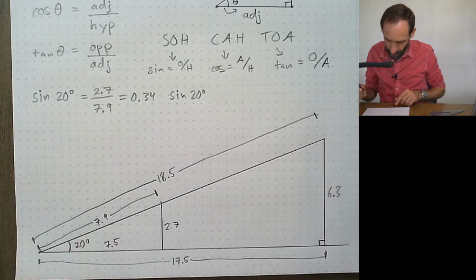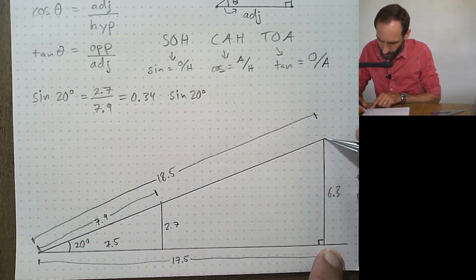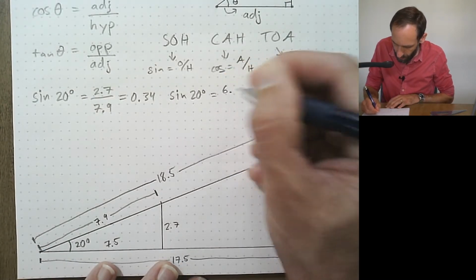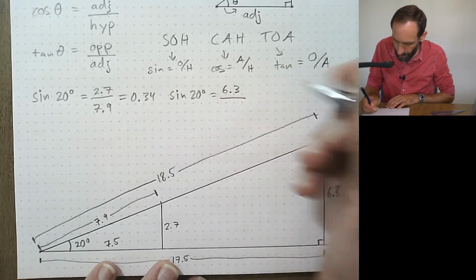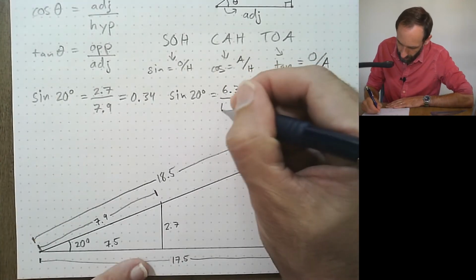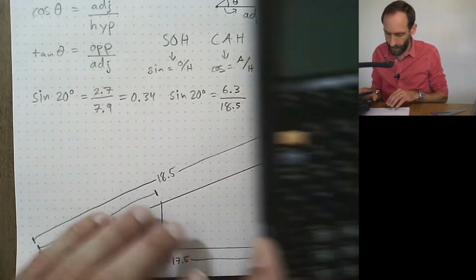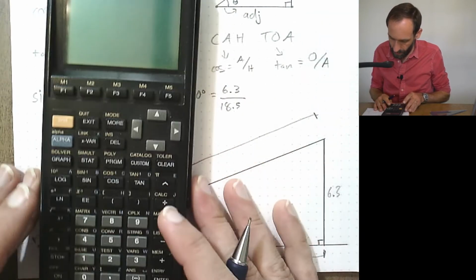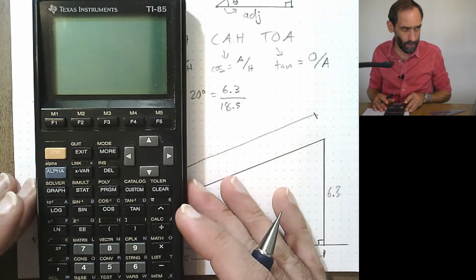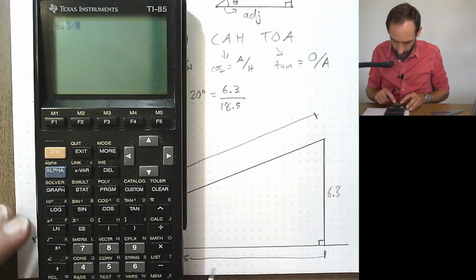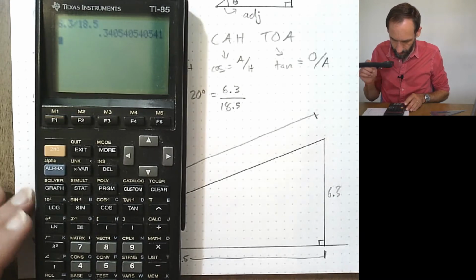So with the larger triangle, we have the opposite side length 6.3, and the hypotenuse 18.5. Let's go ahead and do that division. 6.3 divided by 18.5.